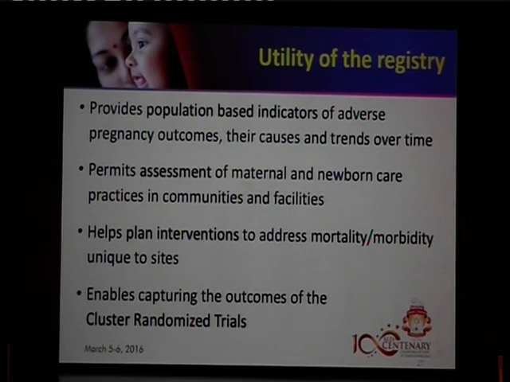But what remains is low birth weight rates due to small for gestational age and preterm births. For small for gestational age, we have already started one study, preconception maternal nutrition. In the afternoon or tomorrow you will come, that will be explained.